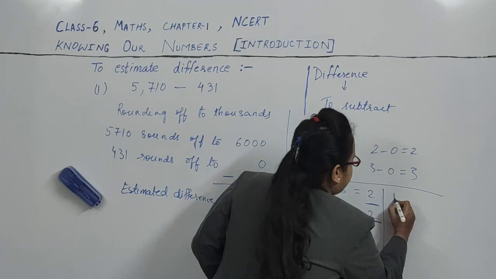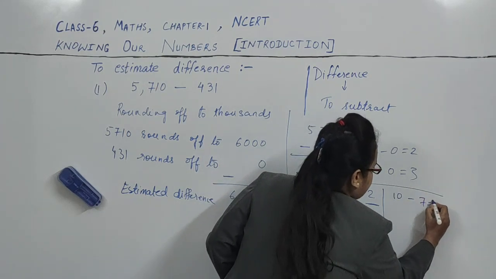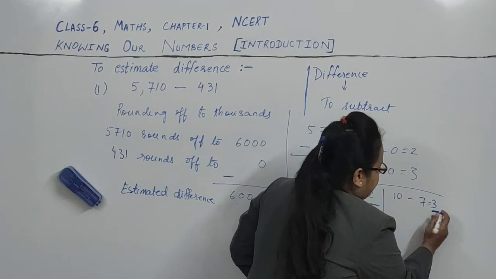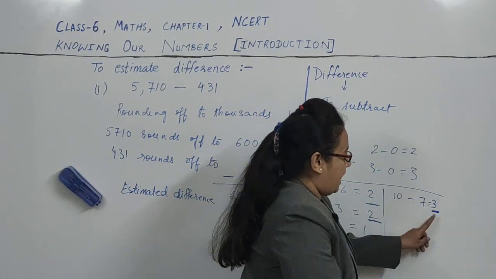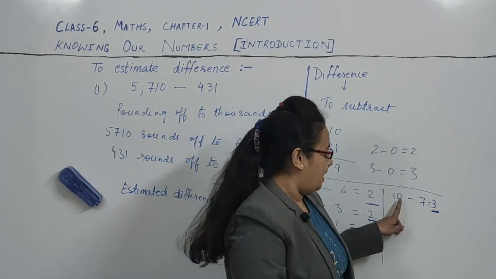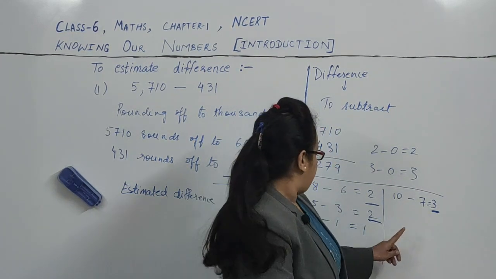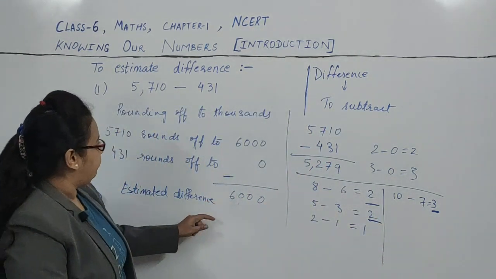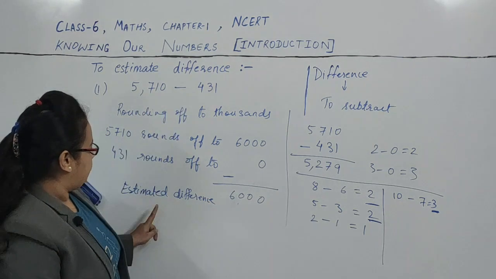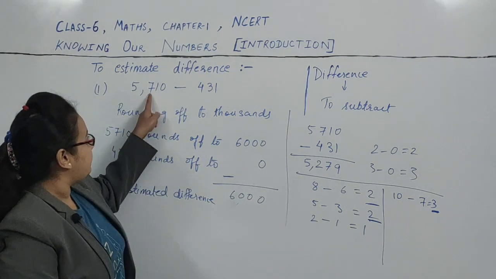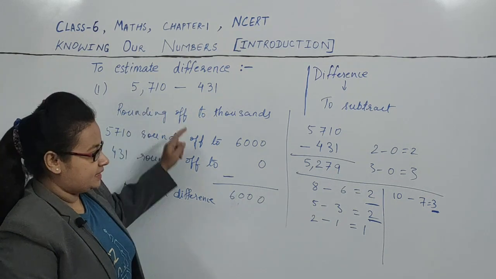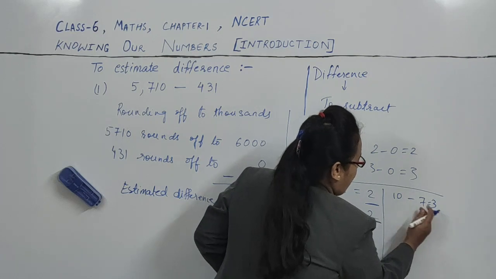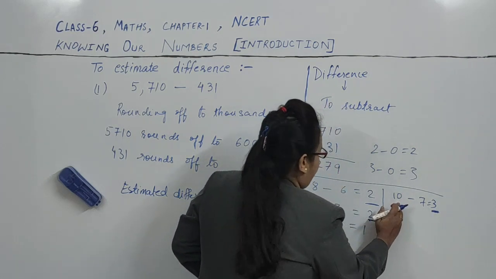See, the difference between 10 and 7 is 3, and it is always smaller than the bigger number.